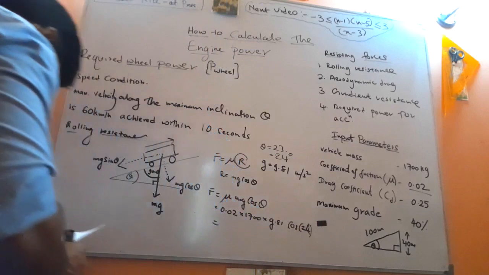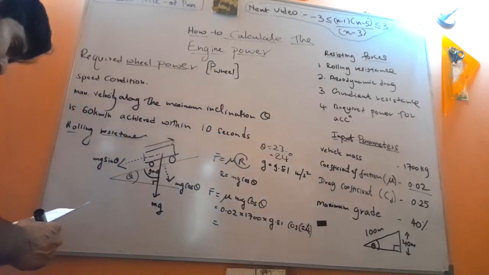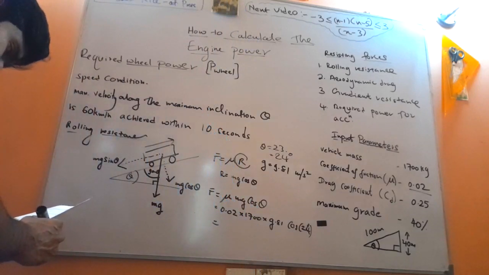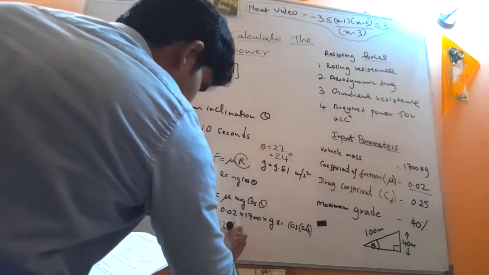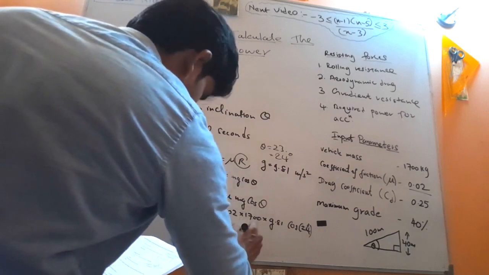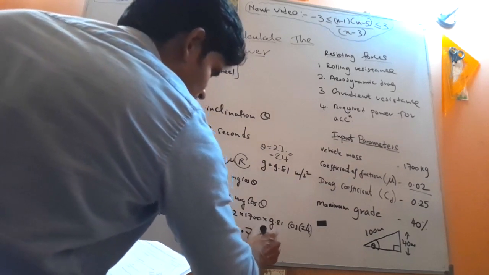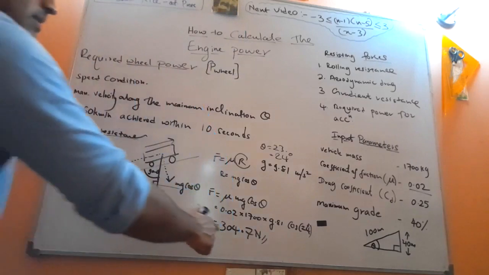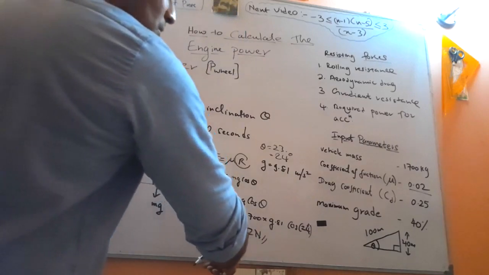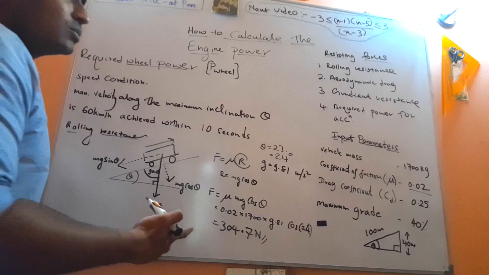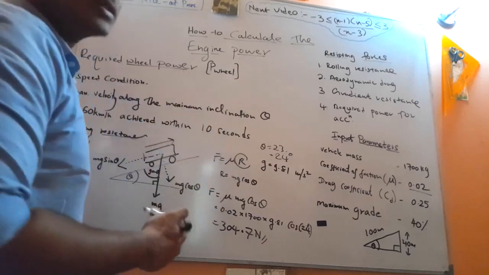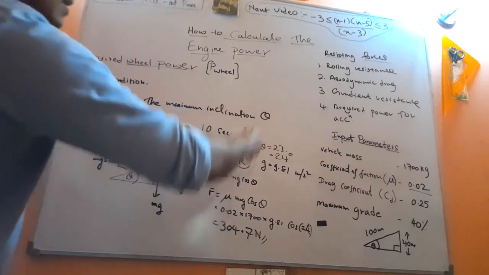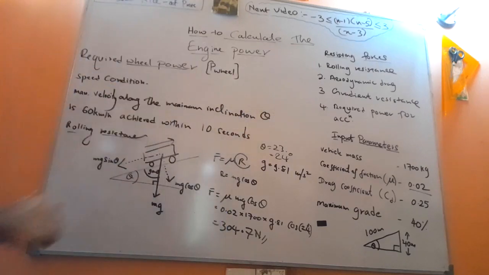So what is the expected answer? 304.7. The answer must be 304.7 newtons. So this is the force due to the rolling resistance that is actually caused by the friction.